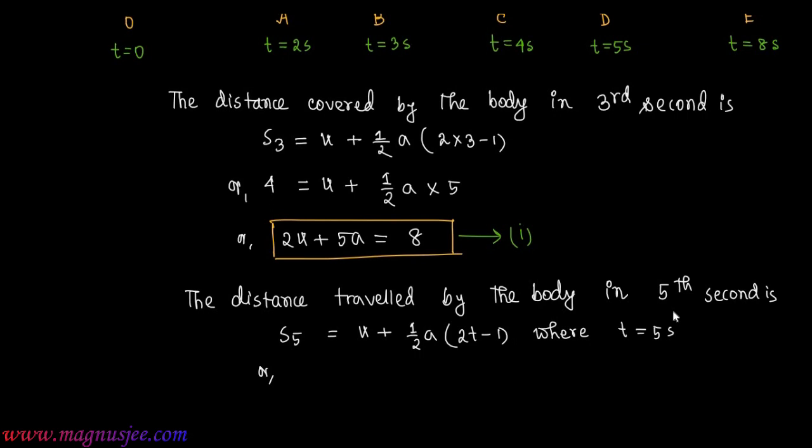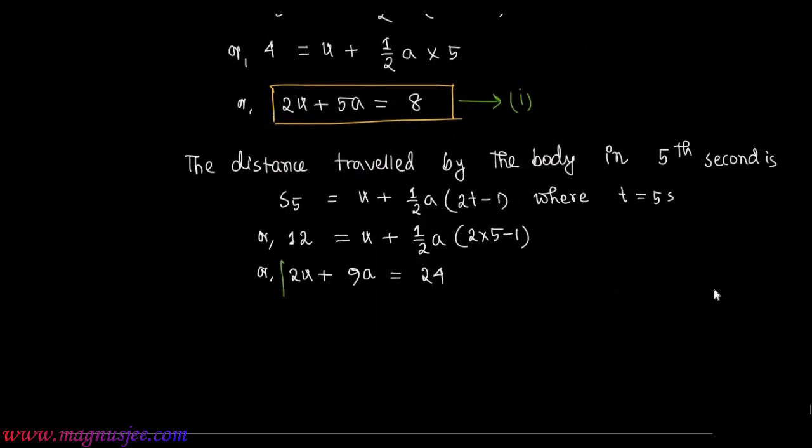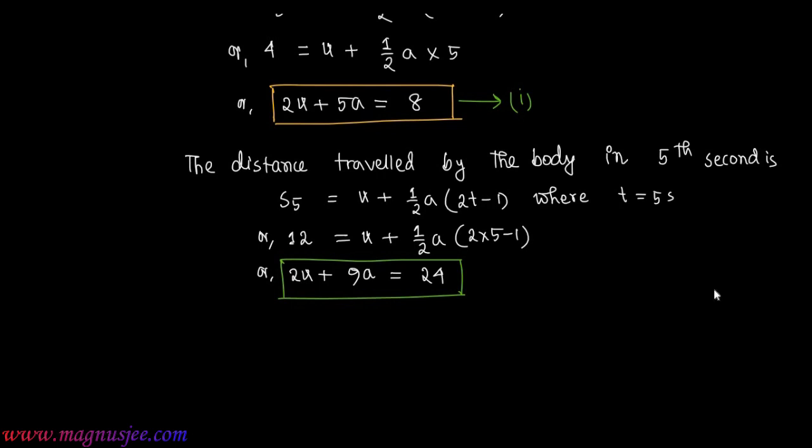Putting the value of S5, we get 12 equal u plus half a into 2 into 5 minus 1, or 2u plus 9a equal 24, which is equation 2.